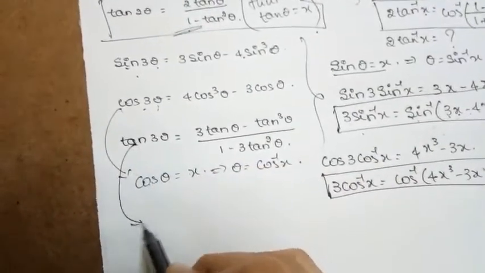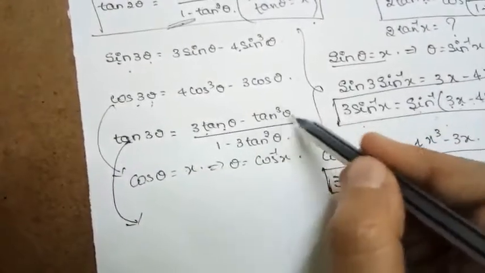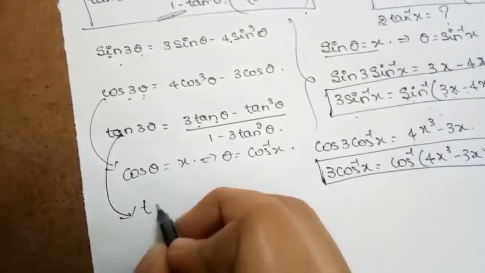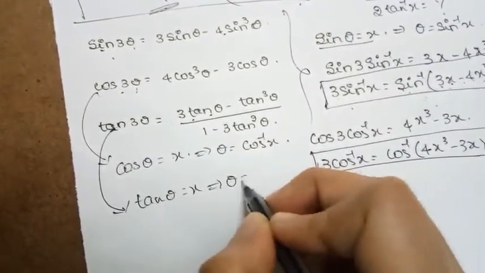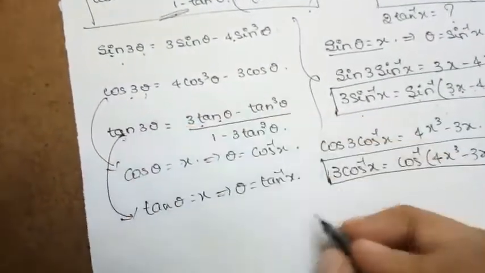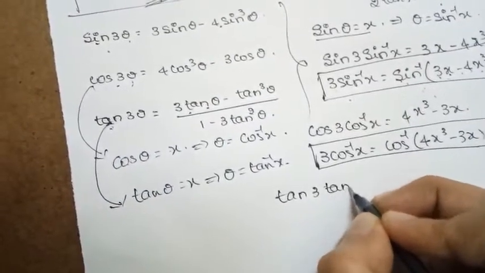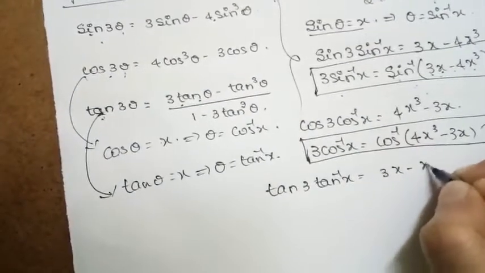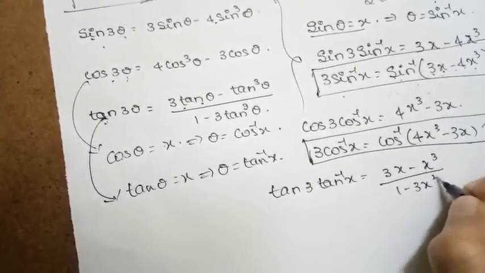Similarly for this one, tan 3 theta is equal to 3 tan theta minus tan cube theta divided by 1 minus 3 tan square theta. Here I am taking tan theta is equal to x. That implies theta is equal to tan inverse of x. What happens to this identity? That is tan 3 tan inverse of x is equal to 3x minus x cube divided by 1 minus 3x square.